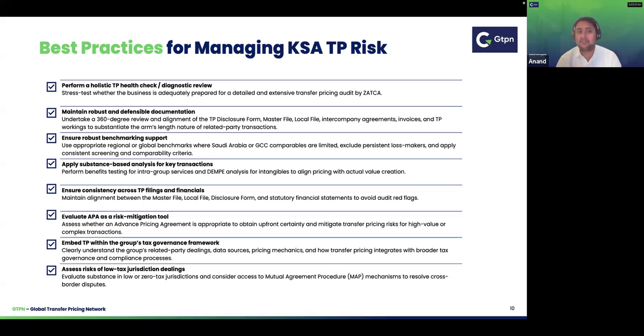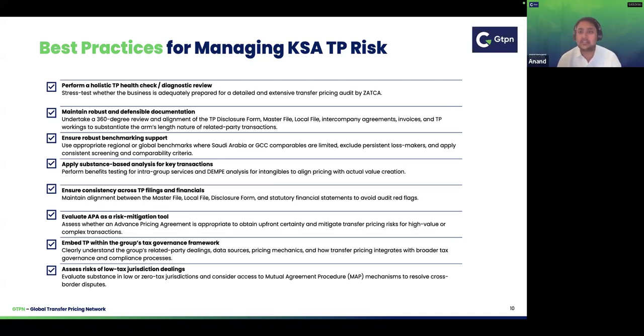Again, consistency, which I have discussed, and we also have an APA, which Rishabh discussed, about how it can be a risk mitigation tool. Then ultimately, in the GCC region, not only in KSA, we now know that transfer pricing has already moved to the board. So it's no longer just an accounting or a tax discussion with financial controllers.